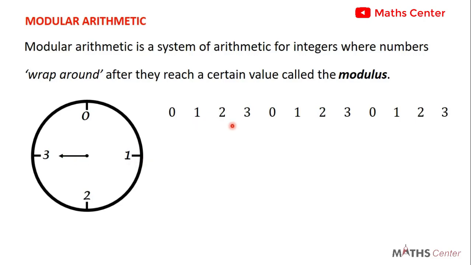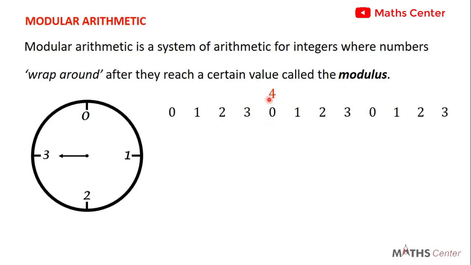Now let's consider this set of numbers very carefully. If you look at it closely, we can see that something interesting is happening here. We move from 0 to 1, 1 to 2, 2 to 3. We know that if we continue in this manner, then we should move from 3 to 4. But look at something.